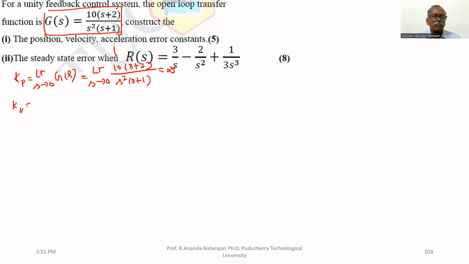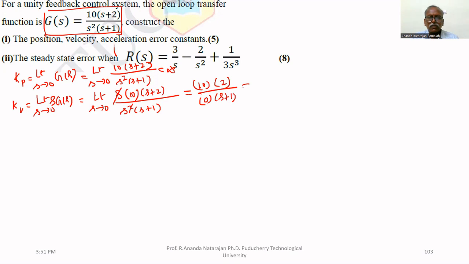Kv equal to limit S tends to 0, S G of S, equal to limit S tends to 0, S into 10 S plus 2 upon S square into S plus 1. That is also infinity.